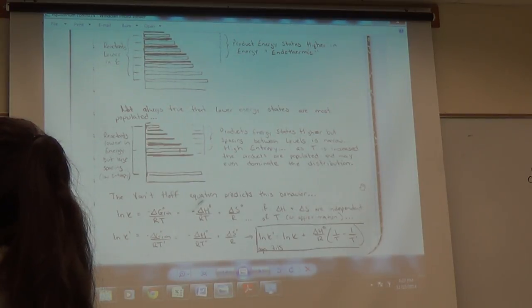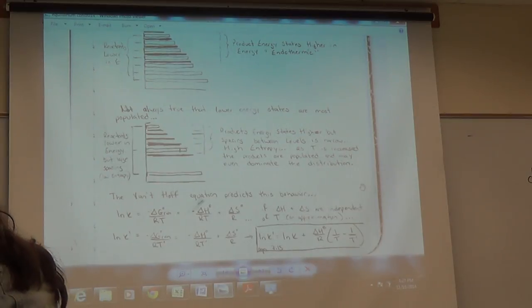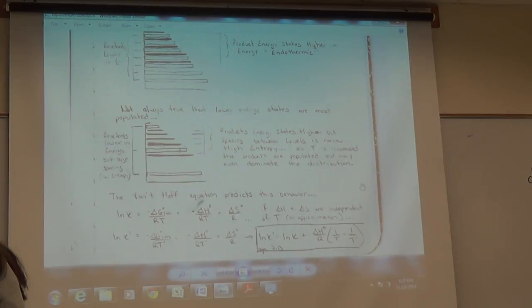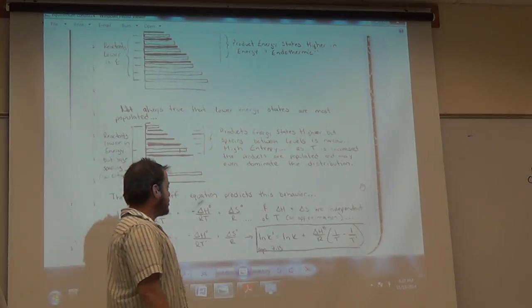Well, that's kind of the same thing that we're talking about here with our multiple species system, with our equilibrium system. We're not talking about one species with 3 phases. We're talking about these multi-molecular systems.